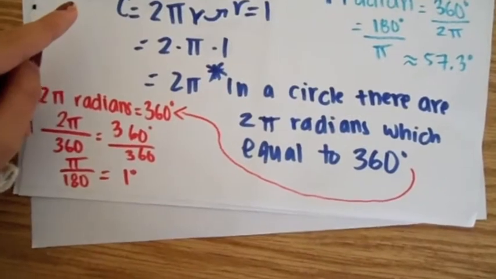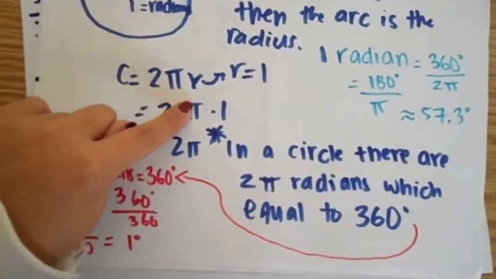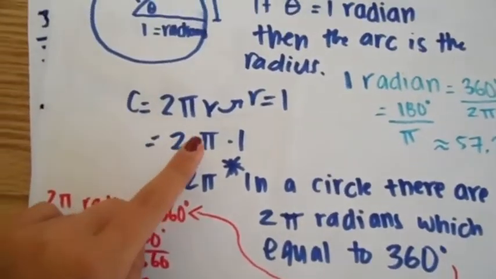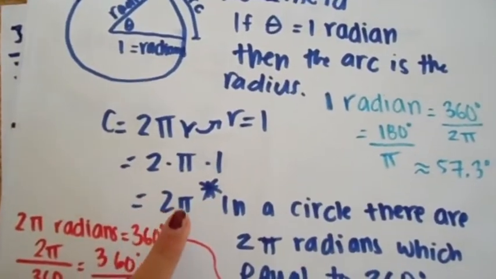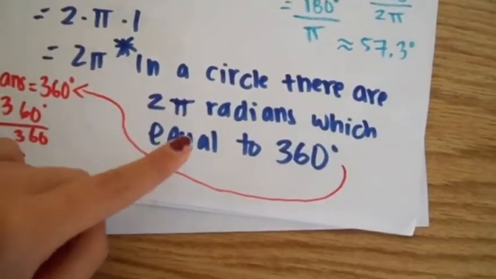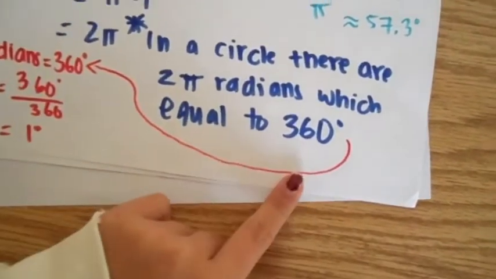So the circumference of a circle equals 2 pi r, where r equals 1. So 2 times pi times 1 is just 2 pi. There are 2 pi radians in the circle, which equals 360 degrees.